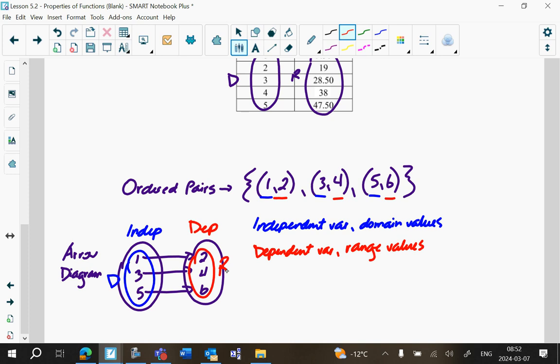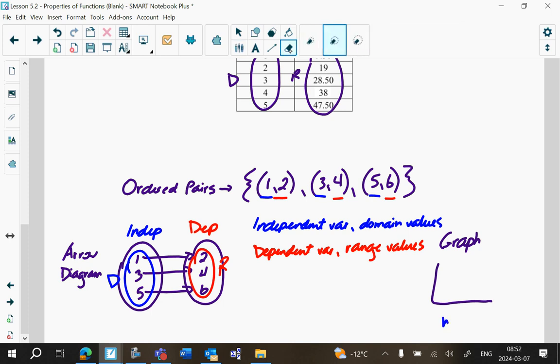And finally, because we've seen it a couple of times, if you have a graph, the horizontal axis will always be the independent variable.